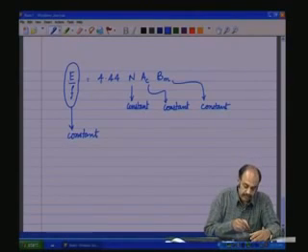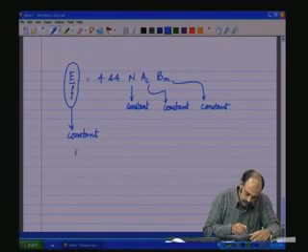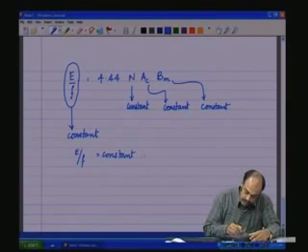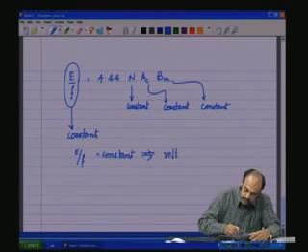This voltage by f, E by f, being a constant also implies that volt second is a constant.